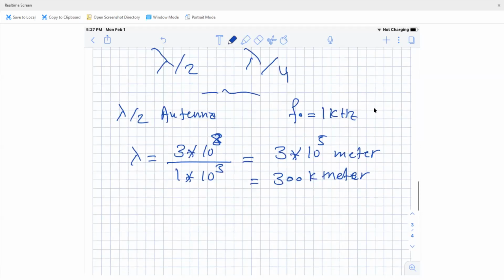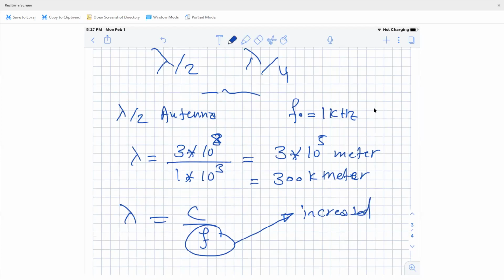Going back to the same equation, the equation of C over F, F must be increased for reducing the length of the antenna. So when we use frequencies in terms of megahertz, 100 megahertz, or in gigahertz, the antenna dimension becomes a few centimeters.